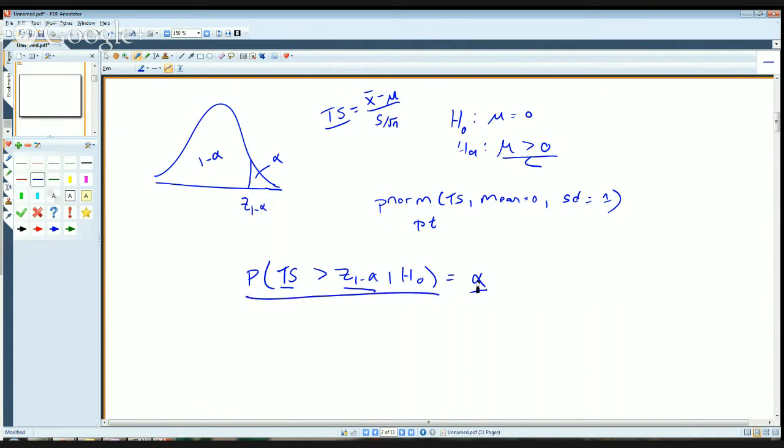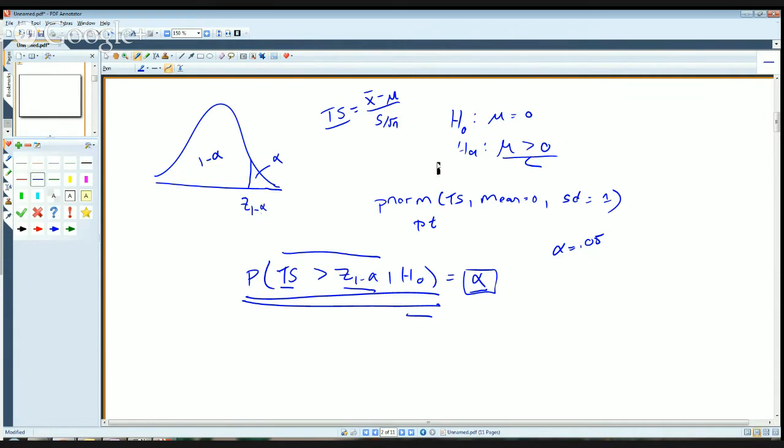So we will have achieved, if we set alpha equal to say 0.05 or something like that, the statement that the probability of rejecting our null hypothesis under the null hypothesis is small, or in other words, we will have achieved having a type 1 error rate that is low.